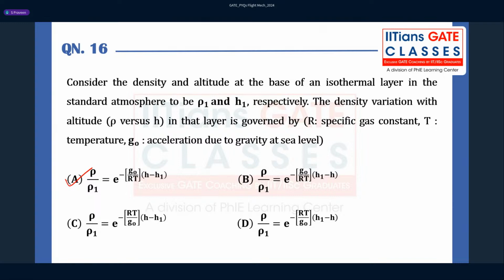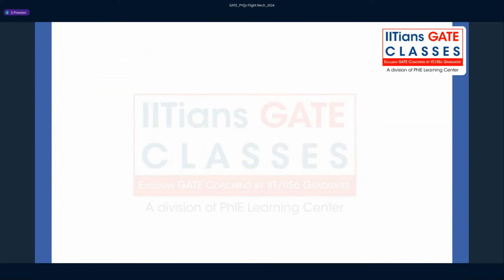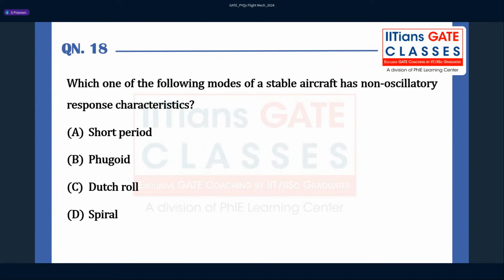Let's go to the next question. Which one of the following modes of a stable aircraft has non-oscillatory response characteristics? Short period, Phugoid, Dutch roll, and spiral. Underline this word, non-oscillatory response characteristic. Let's draw the plots for each and every mode.